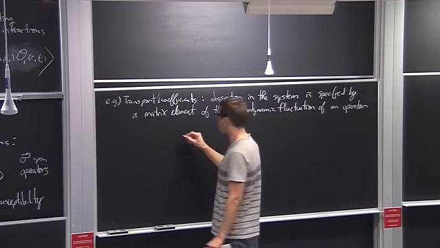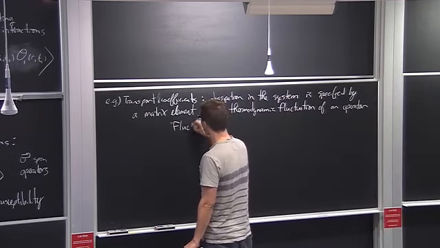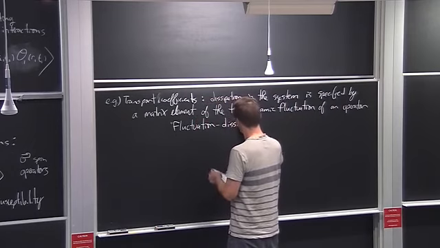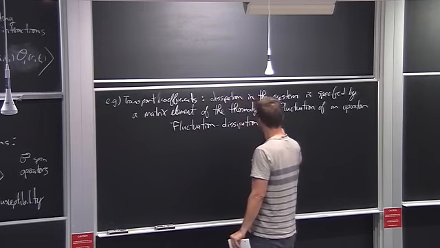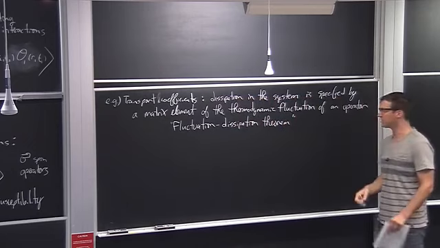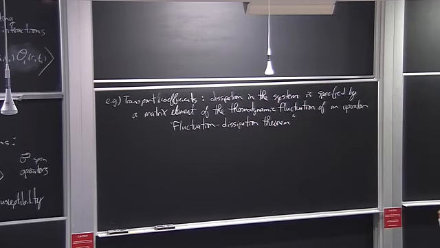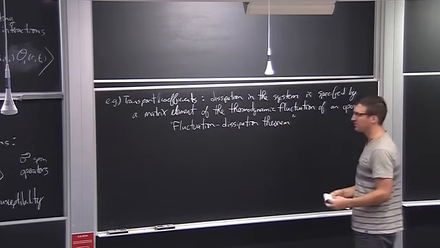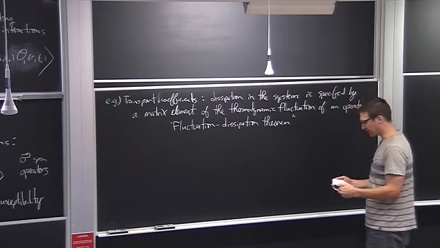So it can give you some idea about transport. This goes under the name fluctuation dissipation theorem. I won't talk about this necessarily, but you'll see this stuff in textbooks.